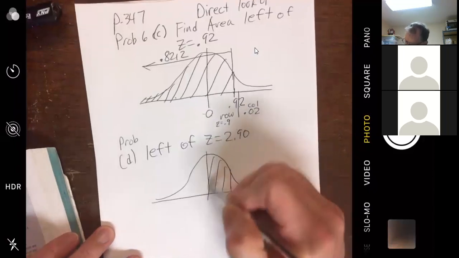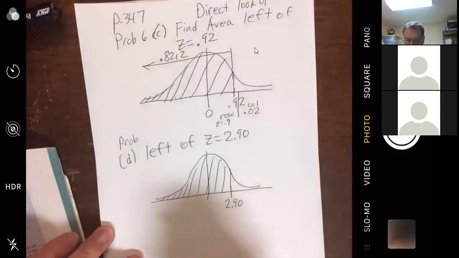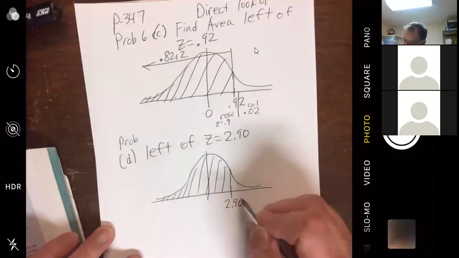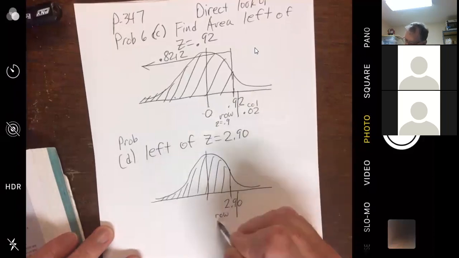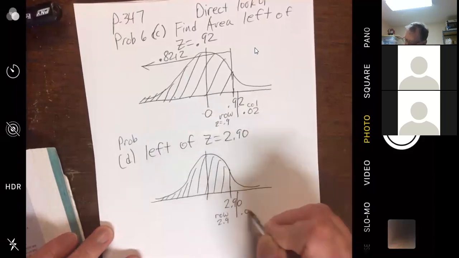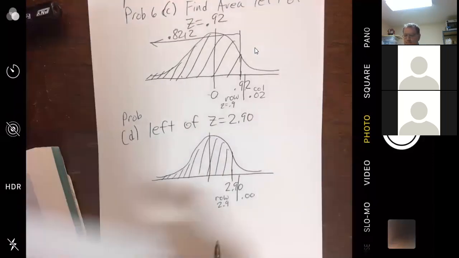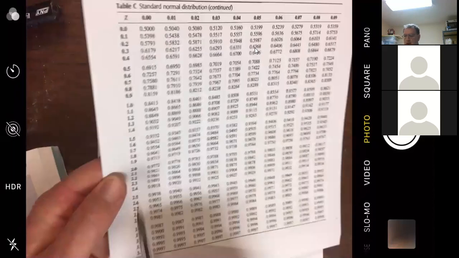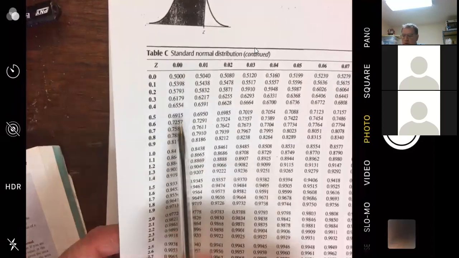Again, I like to picture it, so I shade the whole thing to the left, remember you want left of that. Split off that 0. You're at row 2.9, the 0 column, which is the very first one.